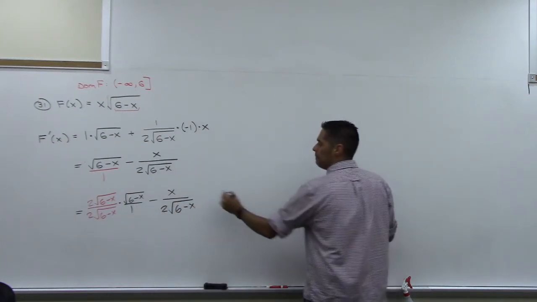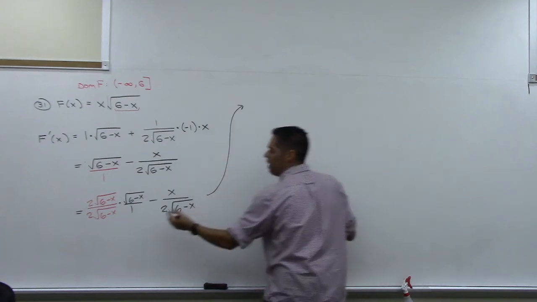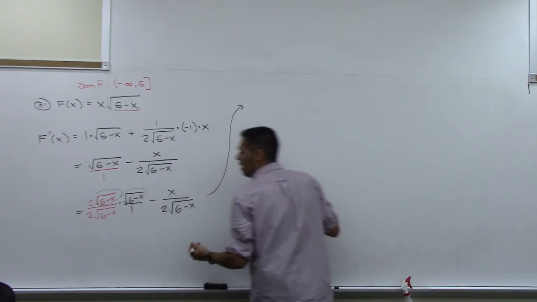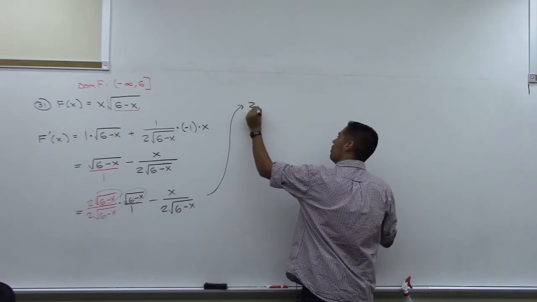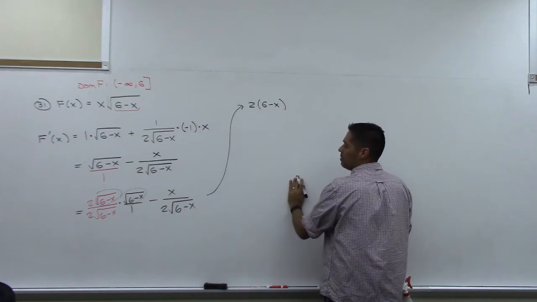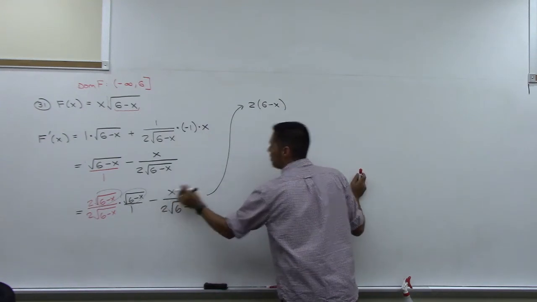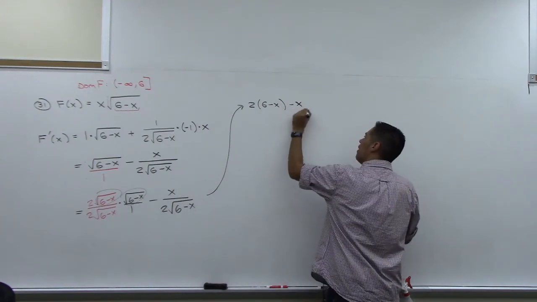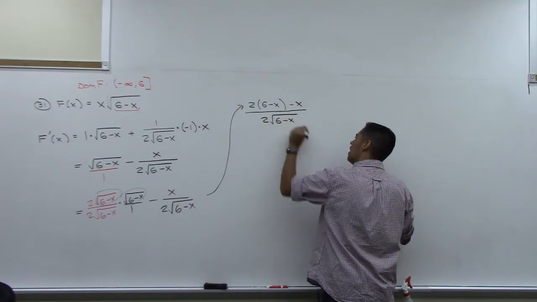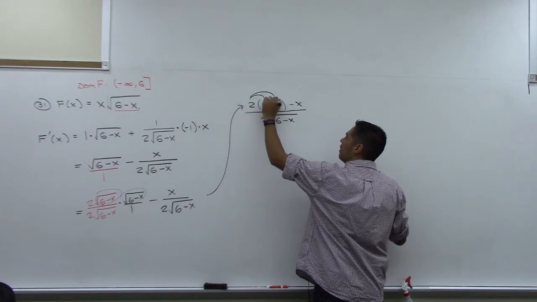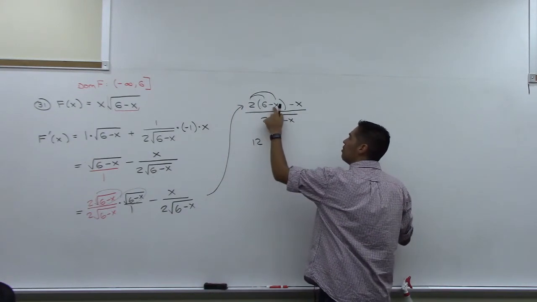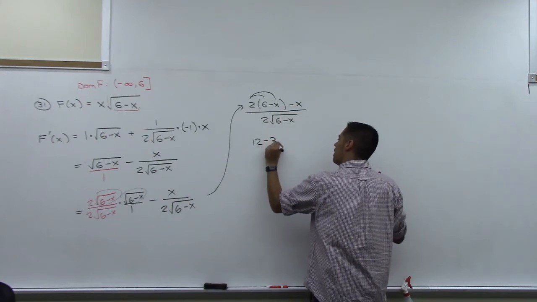And what I get, this new top here, the root times the root, since those are the same roots, the roots are going to go away, and I'm just going to get the 2 sitting in front of 6 minus x, but that is in parentheses. And then I have minus this x, and then all over my common denominator, which was 2 root 6 minus x. I distribute through here, so I get 12, take away 2x, take away another x is minus 3x.